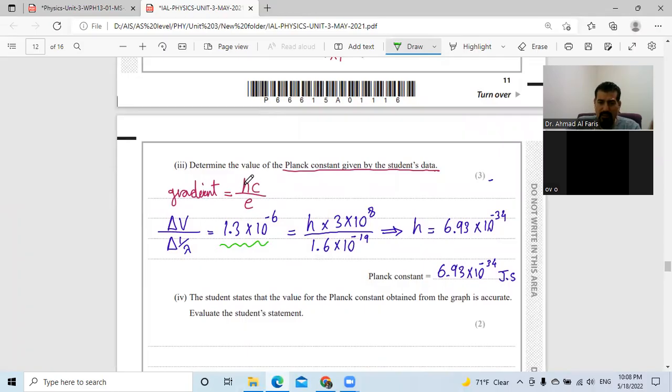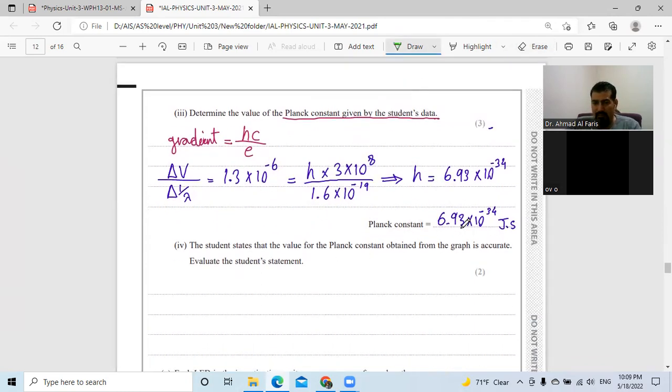All this is equal to hc over E. So I'll do cross multiplication and find hc by its value. So it will be hc equal this value, the gradient, multiplied by E. Yes, okay, good. No problem, Ahmed.